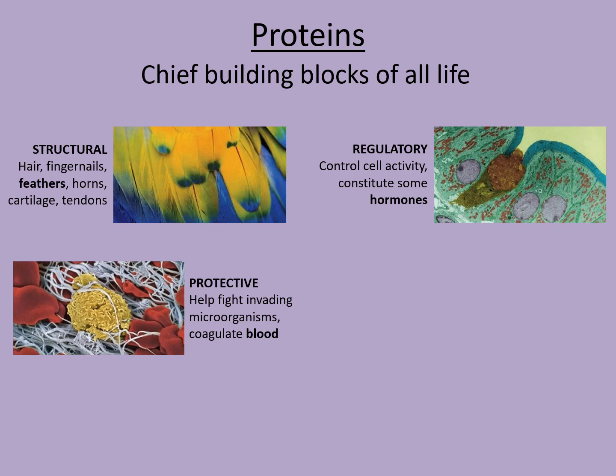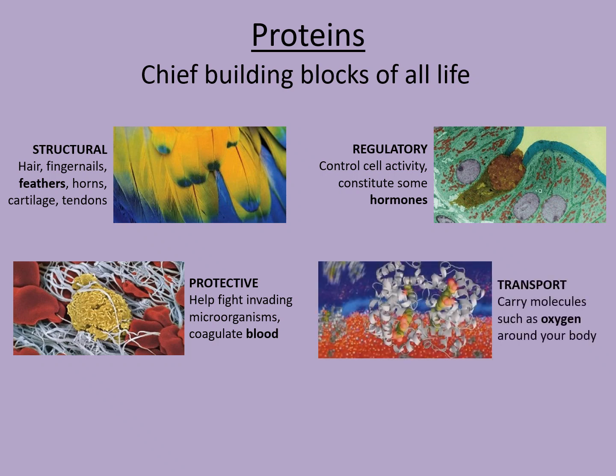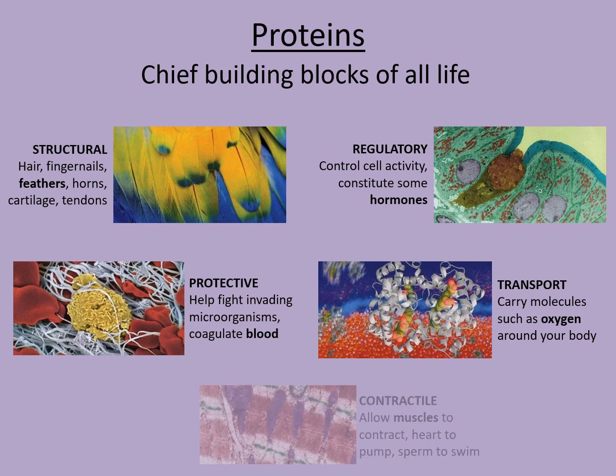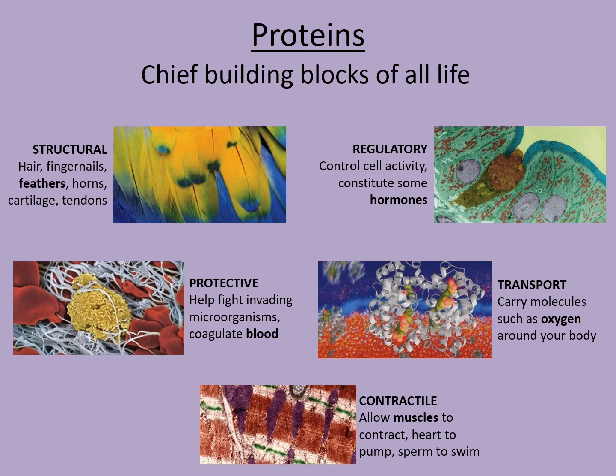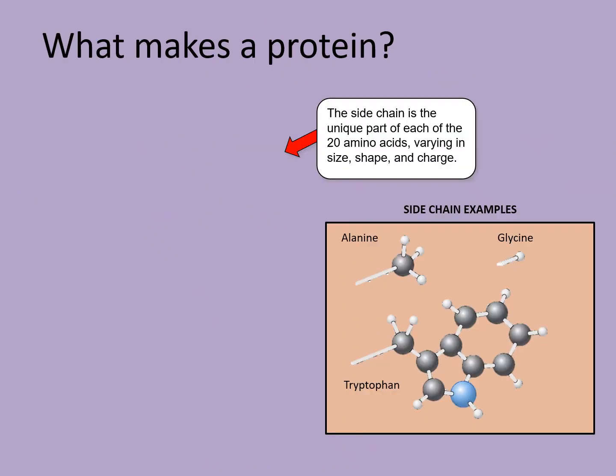They're also protective. They help fight invading microorganisms. They help you coagulate your blood. And they transport, so they can carry molecules like oxygen around your body. They serve a lot of different functions. They are also what allows your muscles to contract, your heart to pump, and sperm to swim. So to have a healthy body, you need to make sure that you have enough protein.